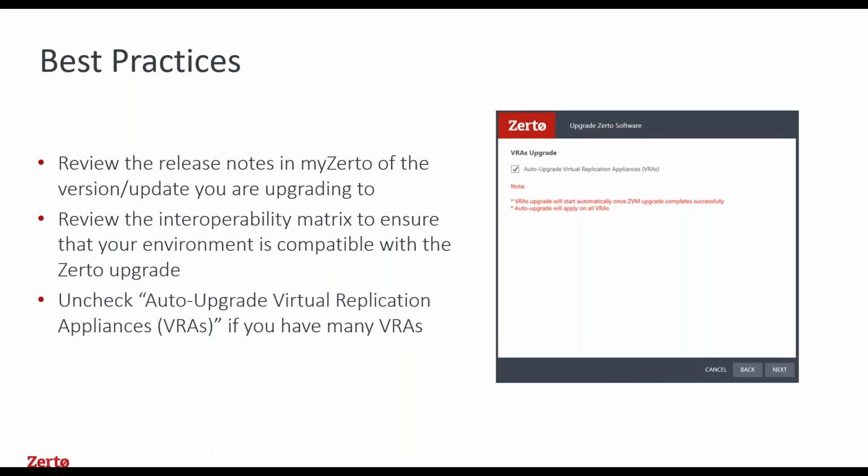Lastly, as a personal recommendation, when performing the ZVM upgrade, there will be a window to auto upgrade the VRAs. If you have more than 5 VRAs in the environment or you are an MSP, I recommend unchecking the auto upgrade virtual replication appliances and performing a manual upgrade of the VRAs. The reason behind this is that you'll have more control over which VRAs are upgraded during your upgrade window.